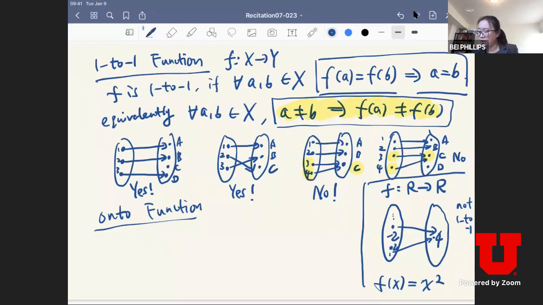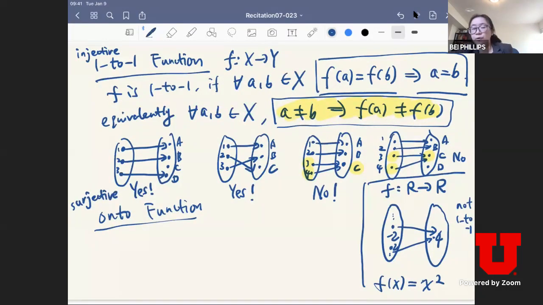Now, a function is onto. By the way, a one-to-one function is also called an injective function, and an onto function is also called a surjective function.